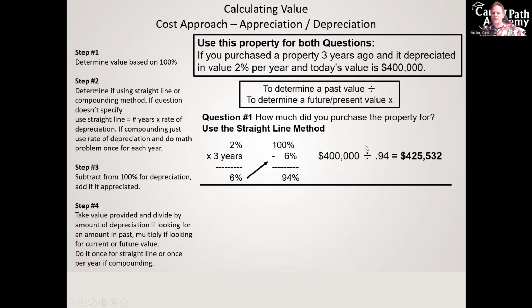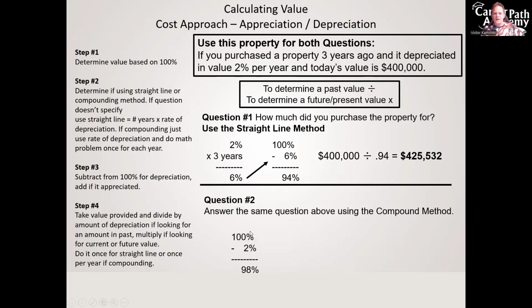So let's try that out using the compounding method now. You take 100% minus the rate of depreciation, 2%, that gives us 0.98 or 98%. Today's value is 400,000. So we're going to divide that by, because we're still trying to figure out, why are we dividing? Because we're trying to still figure out a value in the past.